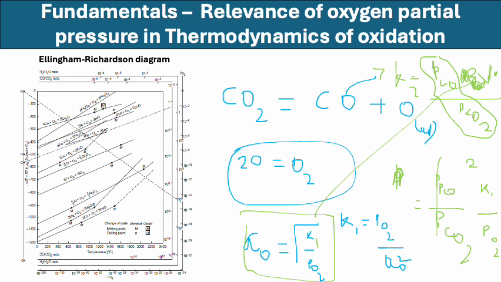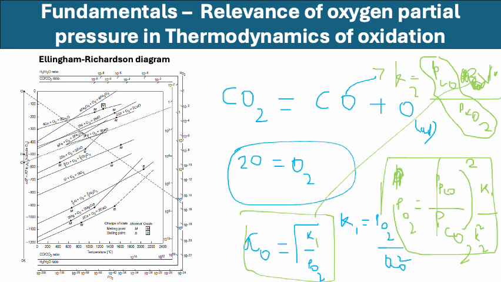You don't need a root here, so now we can draw this ratio square by K2 square. Then we need to erase this and write it as PO2. So equivalently we can write this as, the K1 and K2 are equilibrium constants. K1 is for this oxygen recombination reaction, and K2 is for this carbon dioxide dissociation reaction.